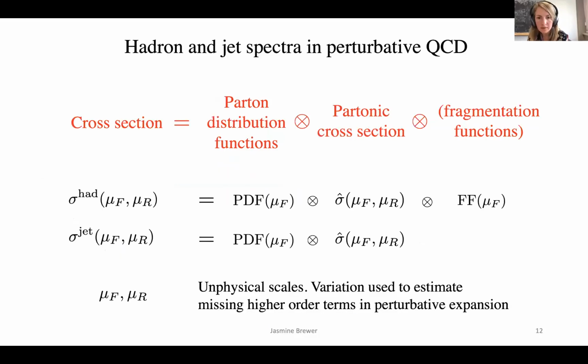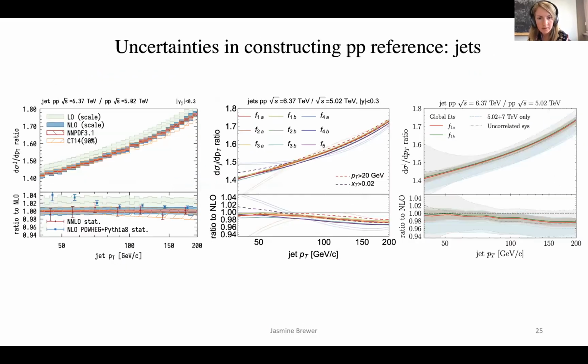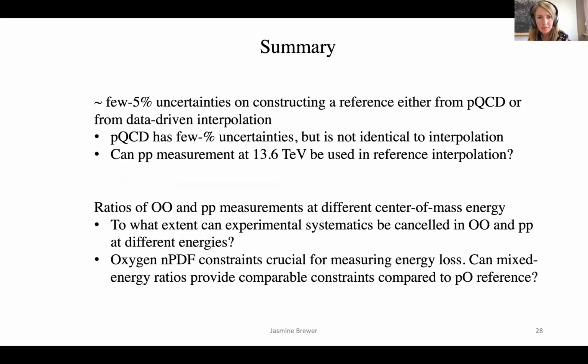All right. I don't know that I have much more to say, and I imagine that my time is pretty much up. So just to briefly summarize, we explored constructing a reference in perturbative QCD or using this interpolation, and in either case found few % uncertainties, but it's an important point that doing the interpolation or doing pQCD doesn't give you exactly the same results.